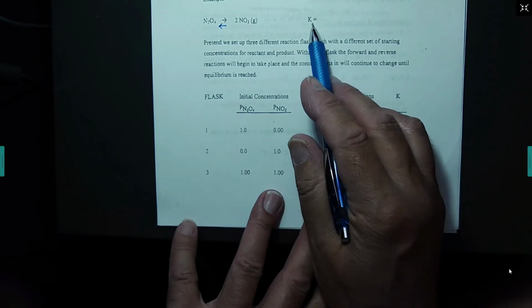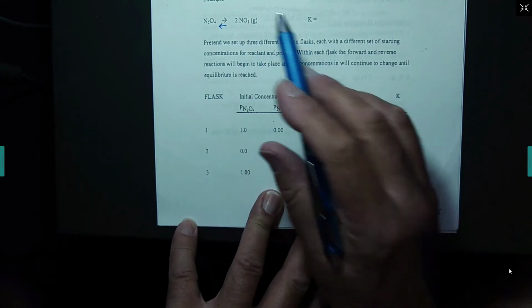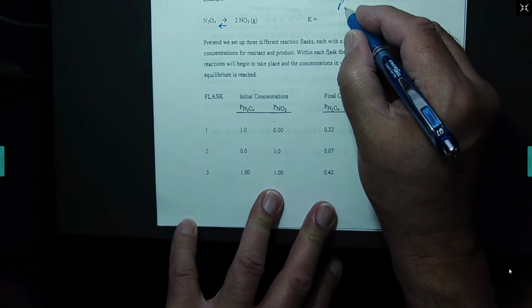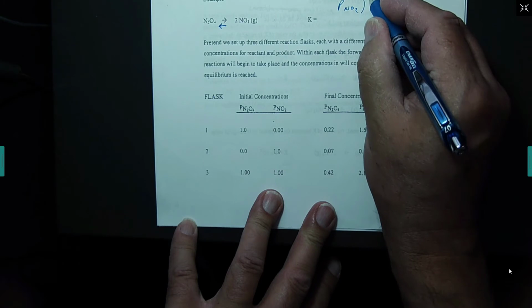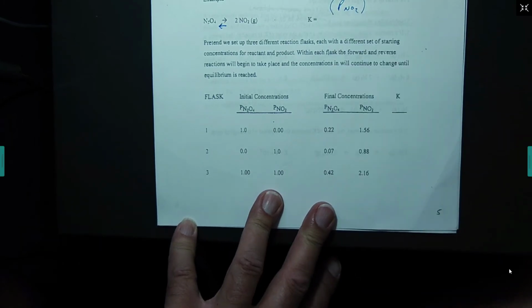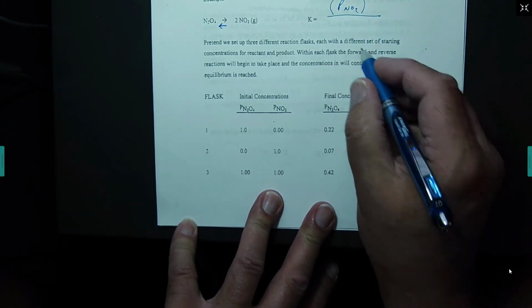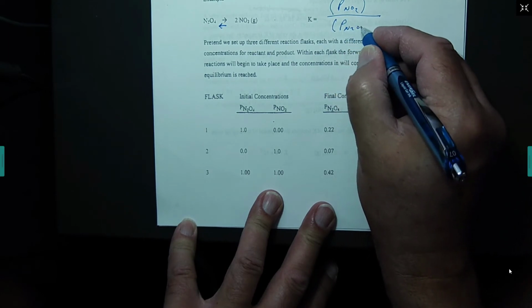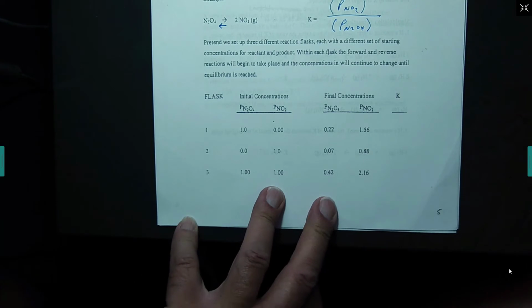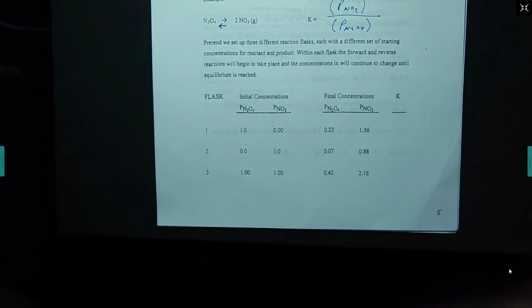Now, the equilibrium expression here is K equals the partial pressure of NO2 squared, all over the partial pressure of N2O4. Now, here's the weird thing.